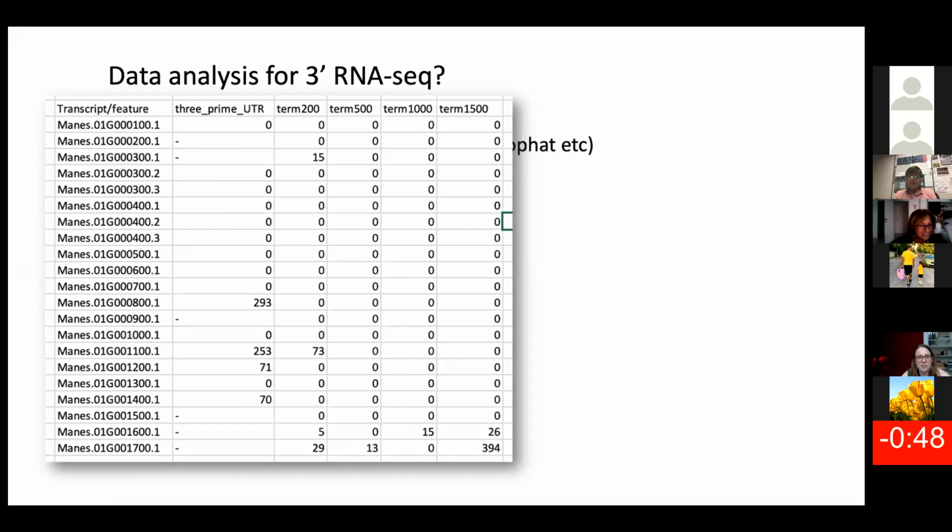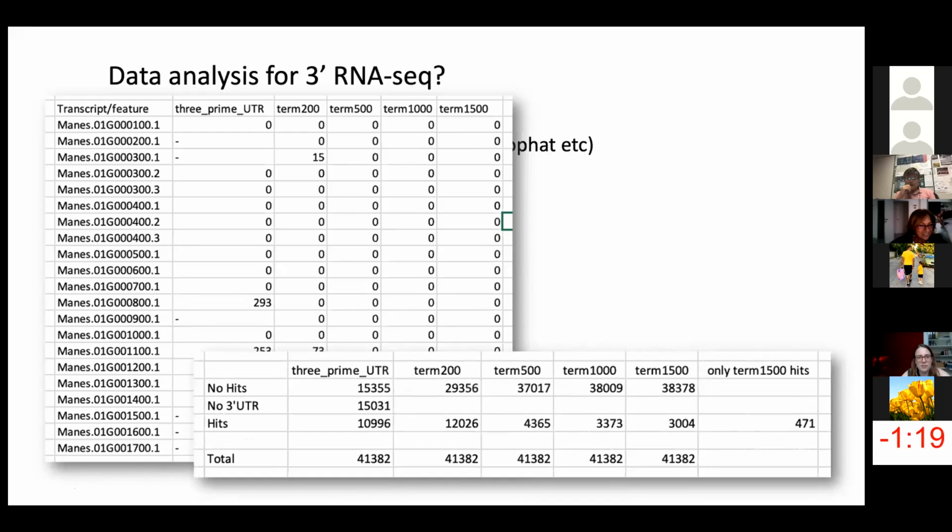And the extreme case is, for example, this gene here. We have no annotation for UTR, but 1,500 nucleotides downstream of the gene I have my hits of my 3' RNA sequencing, which tells me that most probably I have UTR annotations which are missing, and the gene is much longer than originally annotated.